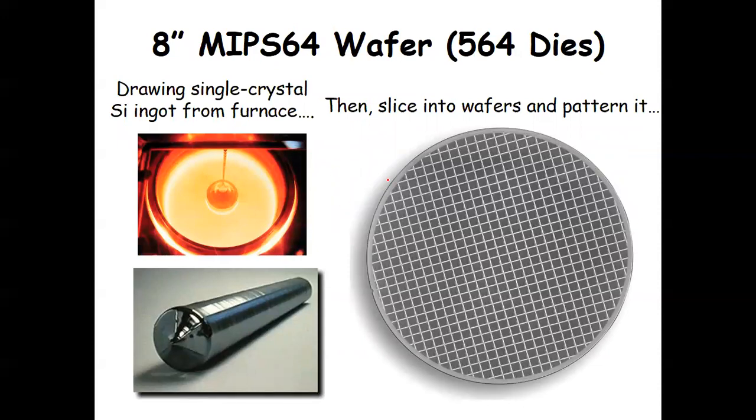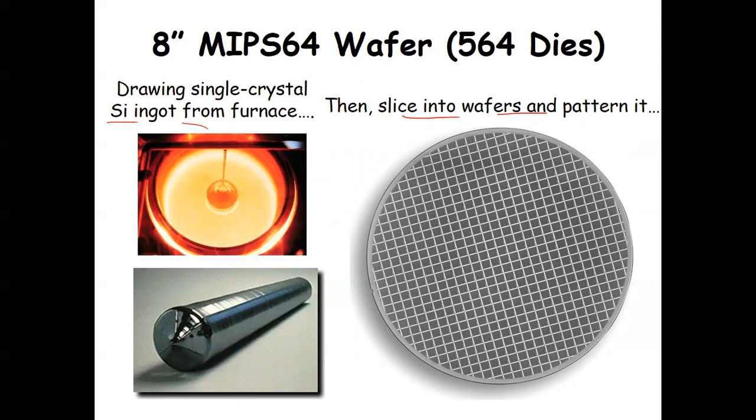So this diagram shows the wafer. The wafer is the one on which the integrated circuit is placed. It's a semiconductor material, silicon. Here the silicon is in the furnace, in a molten state.